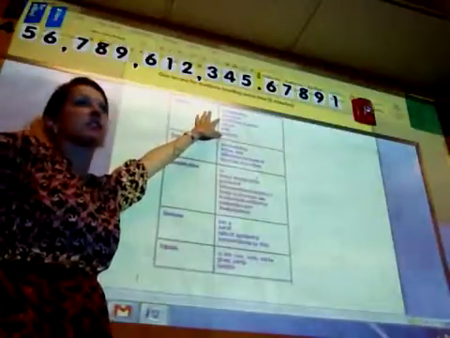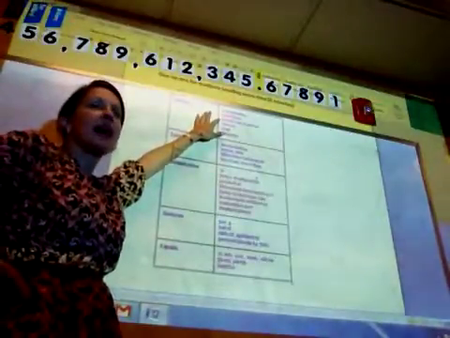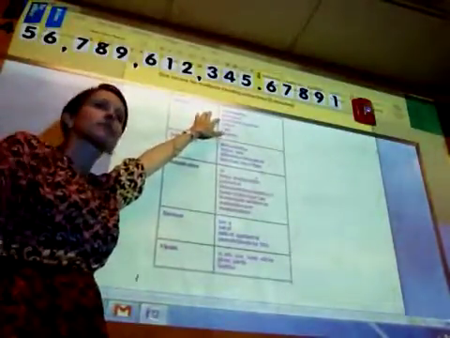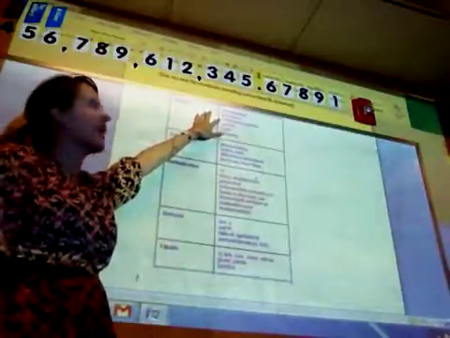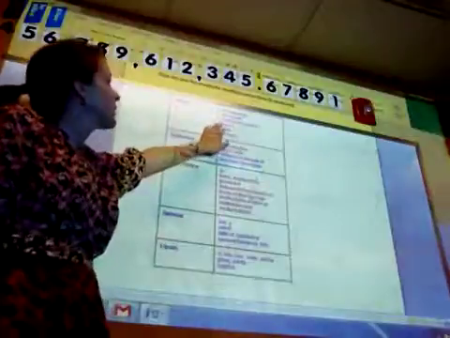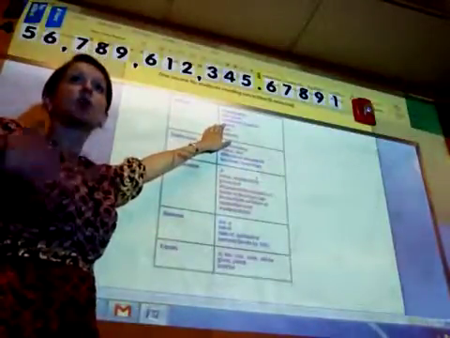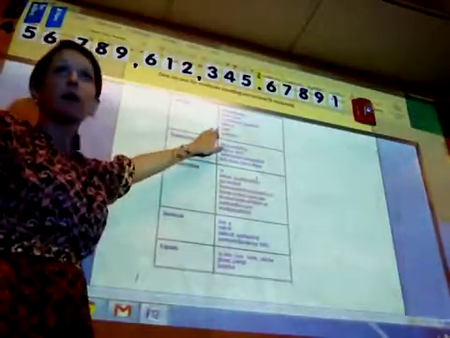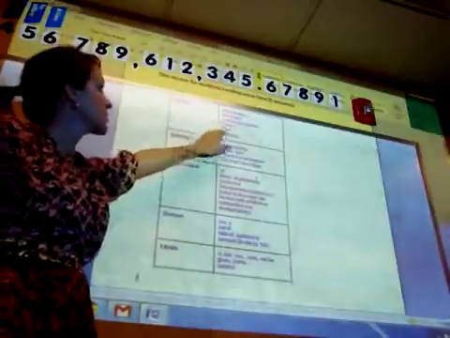So if the story says combined, how many phones does the family have, or all together, how much money did they make? Total of, if it asks what's the total of, the sum always means addition and added to always means addition.